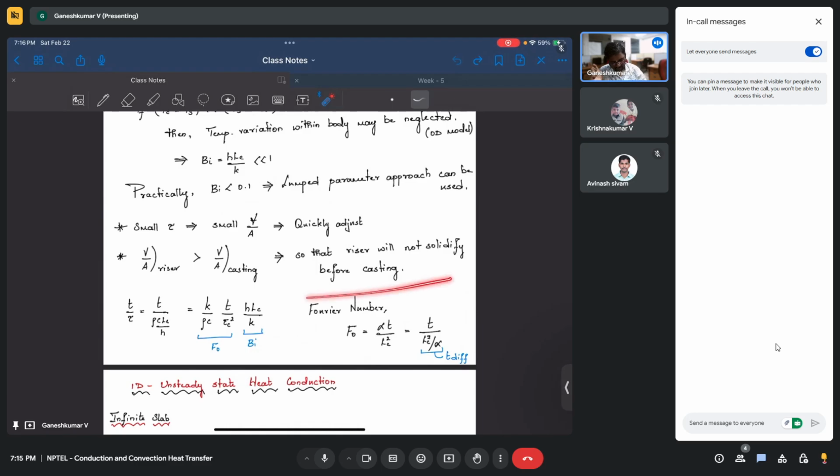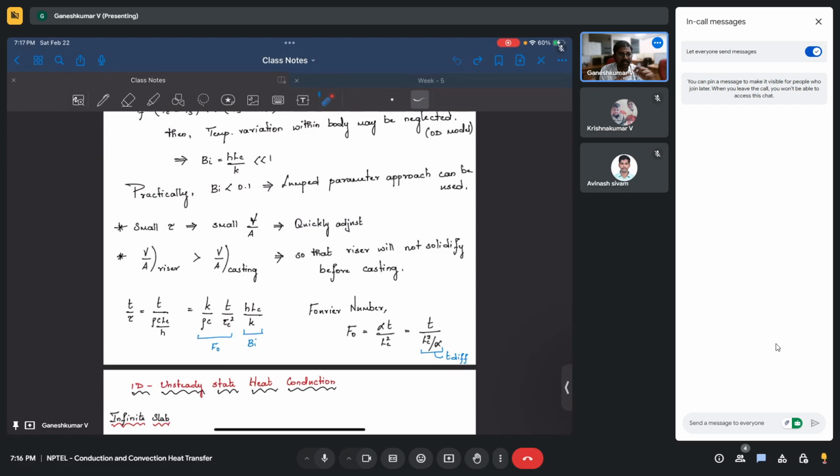We also saw that it is used in riser design in a casting process. You want the riser to solidify after all the material inside the mold is solidified, right? That is the whole point of a riser. When material solidifies, it might shrink, and the actual dimensions might change, right? When you have extra space, then you should have enough metal which can go and fill inside it.